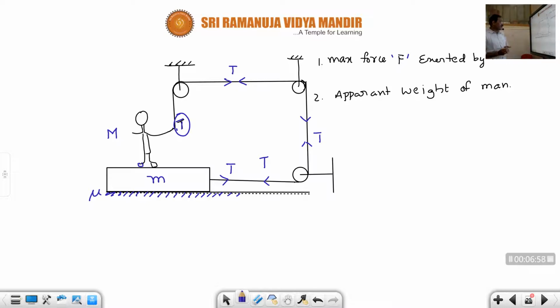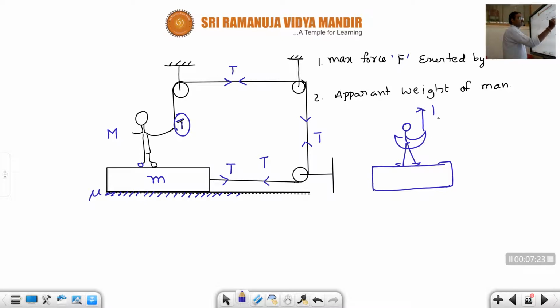If you consider the man and mass as one system, here is the mass block, and here is the man. Now we consider the free body diagram, with the man and block as a single system. Here the tension T is in the upward direction, and the normal reaction N is also upward.